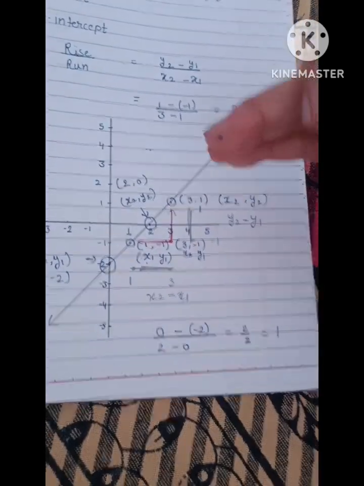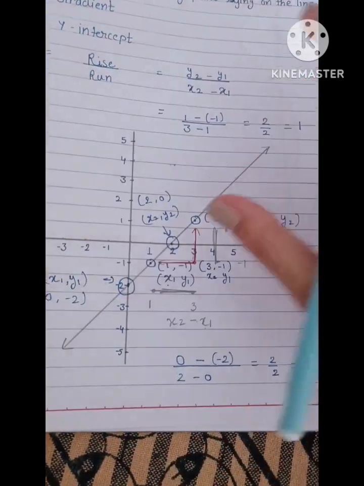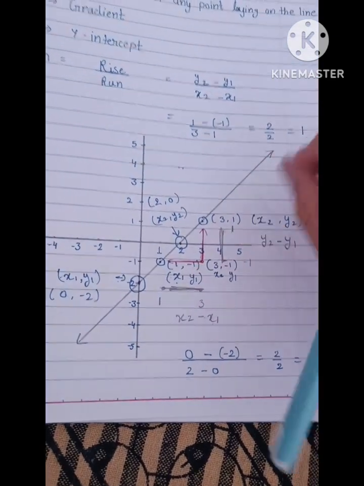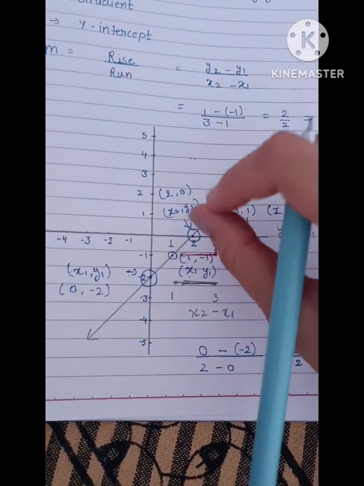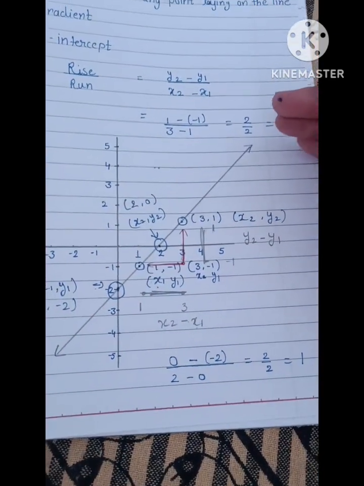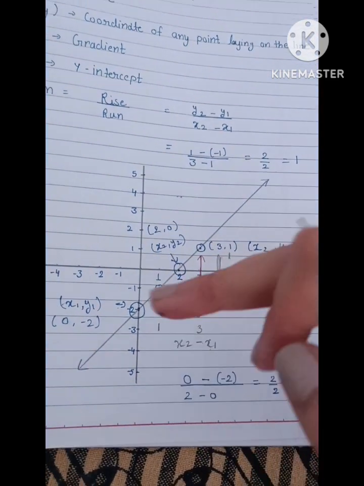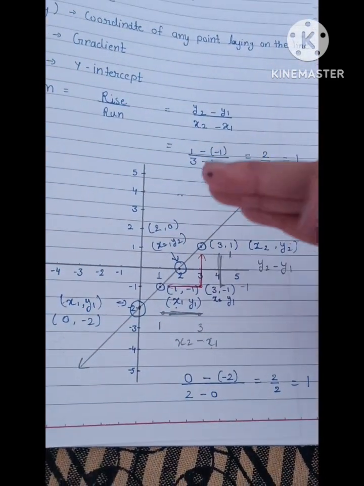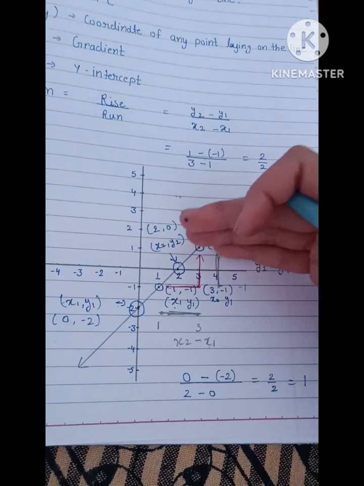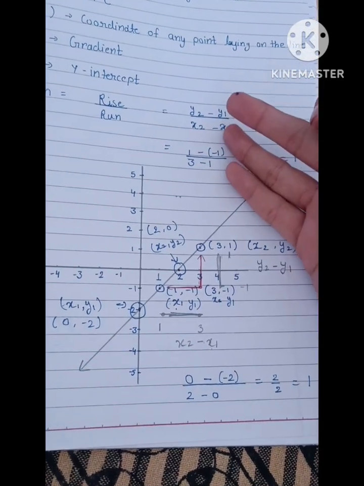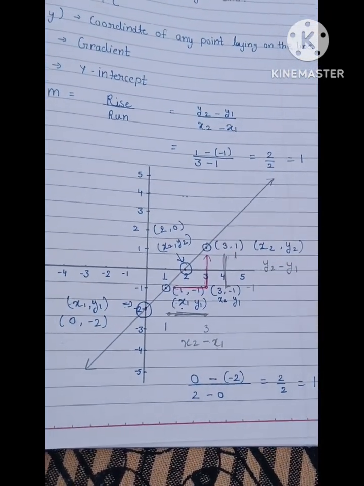So see, you can take any 2 coordinates which are lying on the line and you will get the gradient. You just have to remember that whichever point lies above is your second point, that is your x2, y2. Put the values in the formula and you will get your answer.